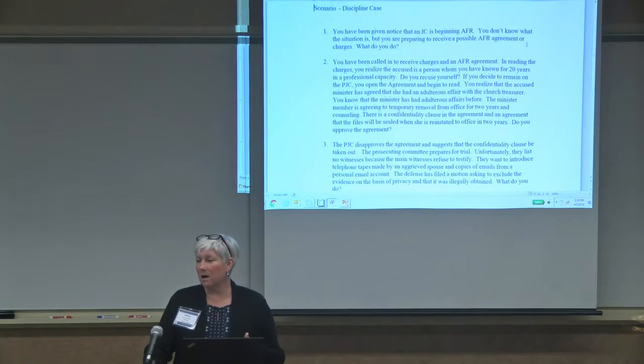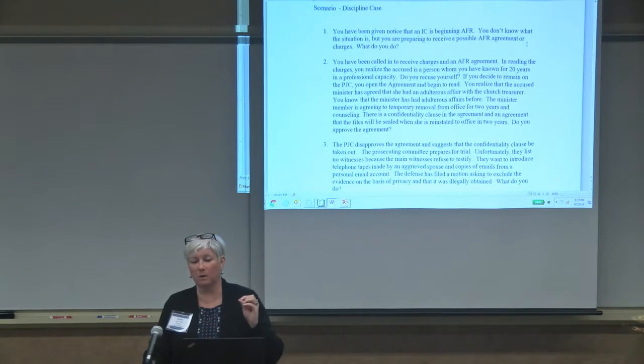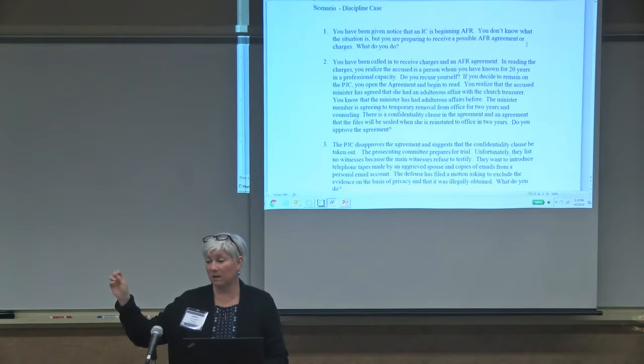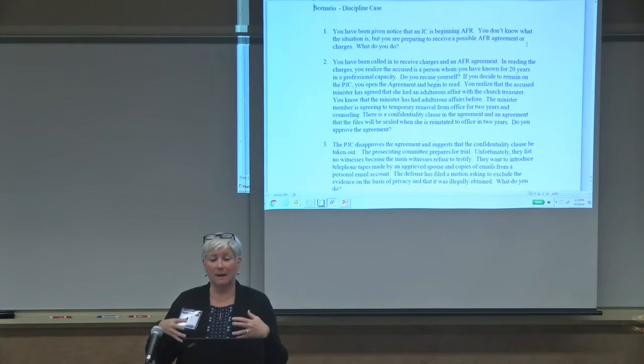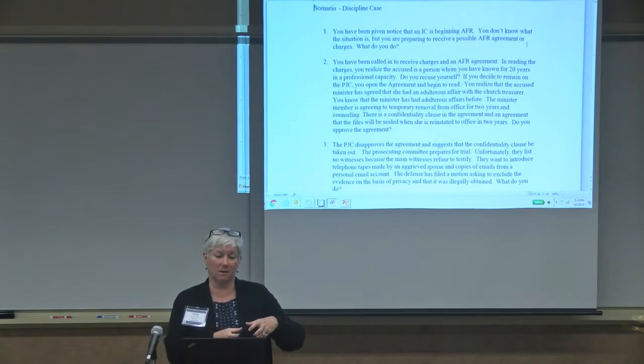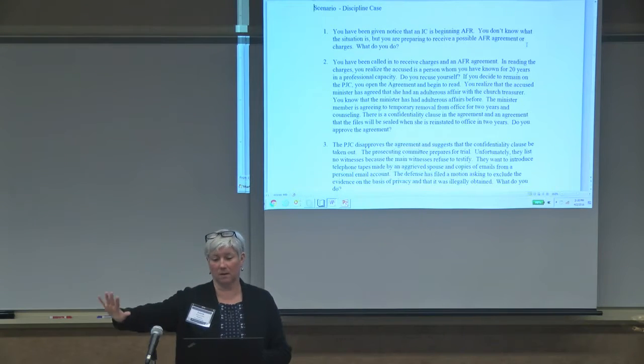This is an AFR, and under the rules, if you approve the AFR, it must be placed on the minutes, and at least a summary of the person who is accused, the nature of the offense, and the nature of the censure must be summarized and read at the presbytery. So it's not actually possible for it to be confidential, because you can't agree to something that's unconstitutional.